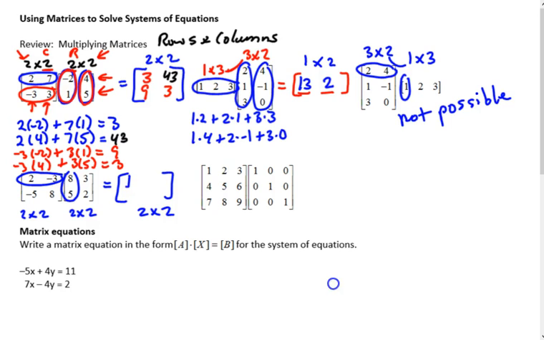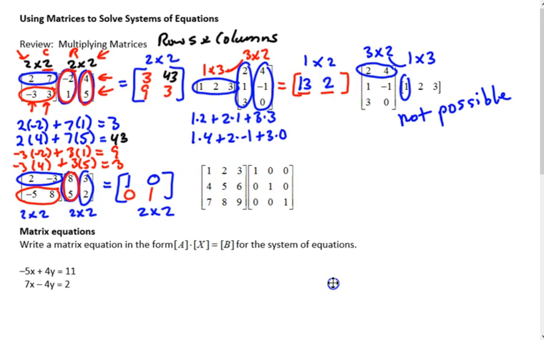This is 1. Then I have 2 times 3 is 6, plus negative 3 times 2 is negative 6. This is 0. Then if I do the second row, negative 5 times 8 is negative 40, 8 times 5 is positive 40. That's 0. Negative 5 times 3 is negative 15, 8 times 2 is 16. So this ends up being 1.